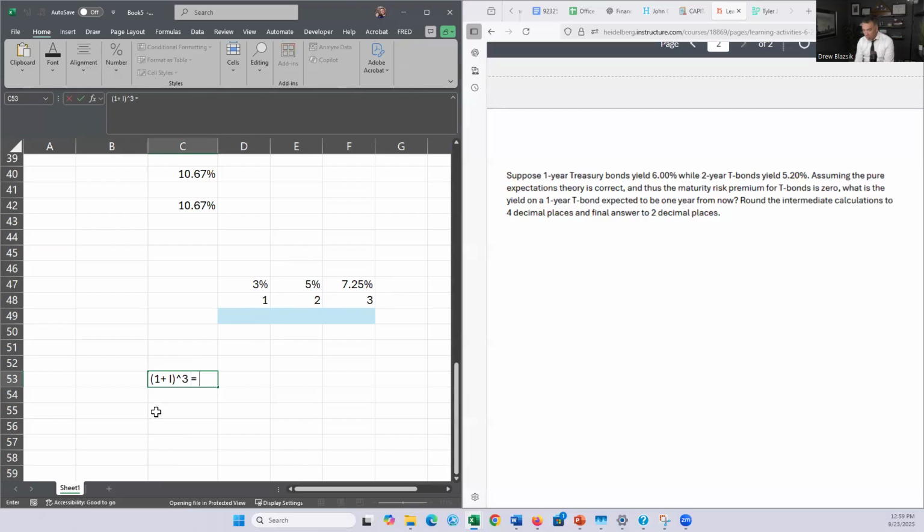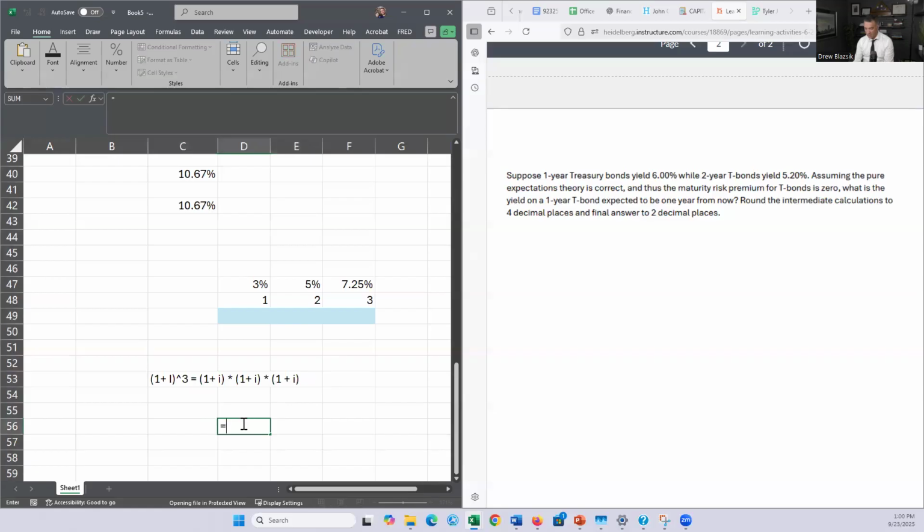That would be equal to 1 plus that interest rate times 1 plus the interest rate in that second year times 1 plus the interest rate in the third year, right? That's what it's saying. So this is pretty easy because we have those years. All we would have to do is multiply those.